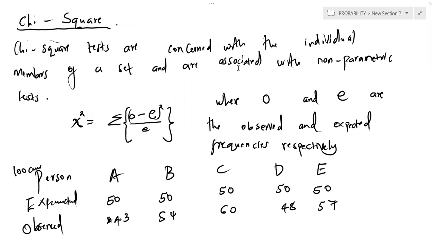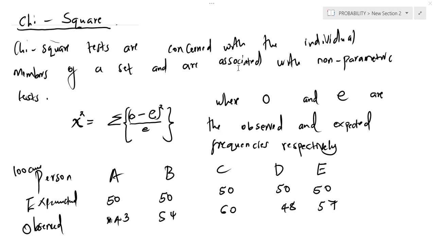We can use the chi-squared formula now to get a measure of the discrepancy existing between the observed frequencies and the expected frequencies, and that we do using this particular formula.